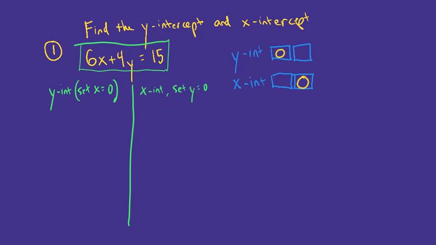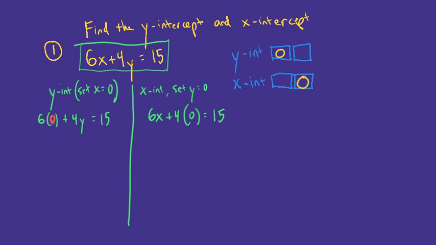For the y-intercept, we're going to set x equal to 0. So 6 times 0 plus 4y, we don't know what y is yet, equals 15. For the x-intercept, this is on the other side of the line. We're going to set y equal to 0. So we've got 6x, we don't know what x is, but we're going to set y equal to 0 for the x-intercept.